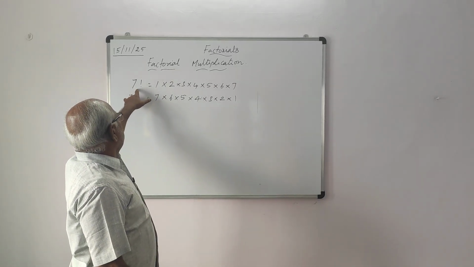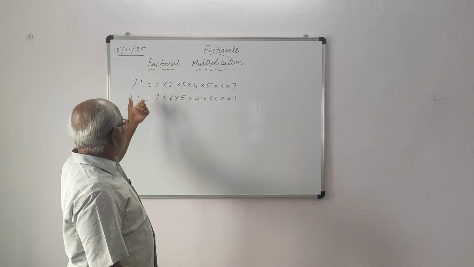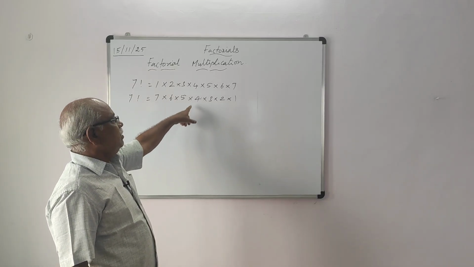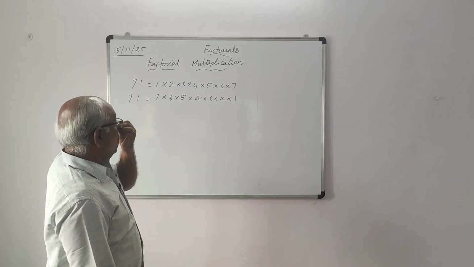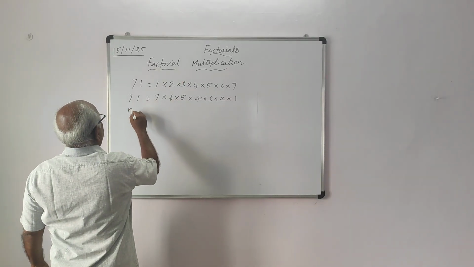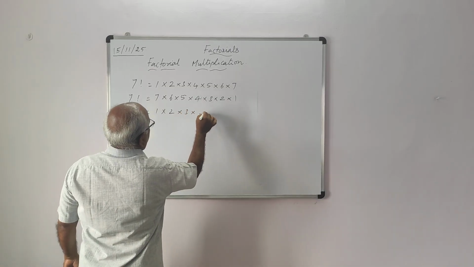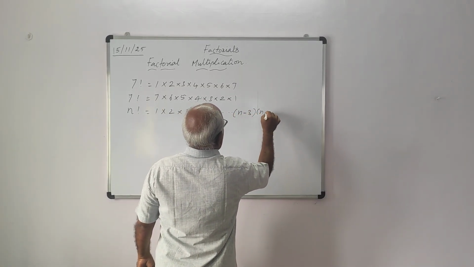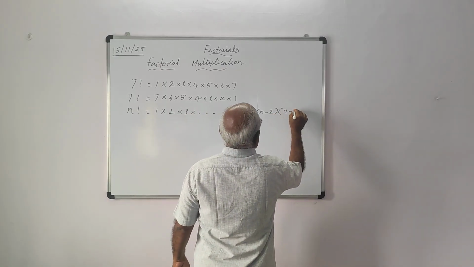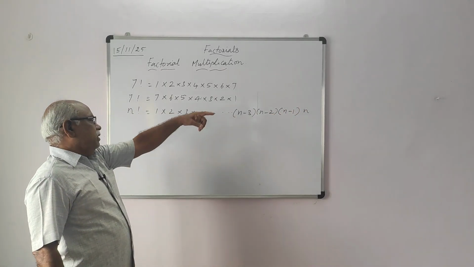Similarly, n factorial is 1 into 2 into 3 and so on, n minus 3 into n minus 2 into n minus 1 into n. Like that, n factorial is defined.